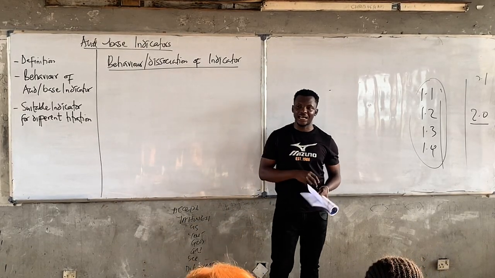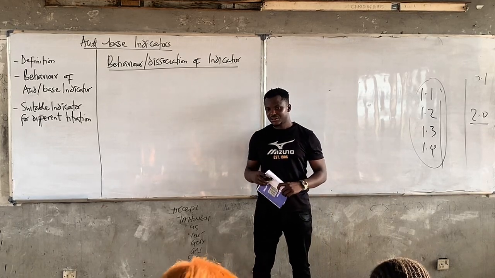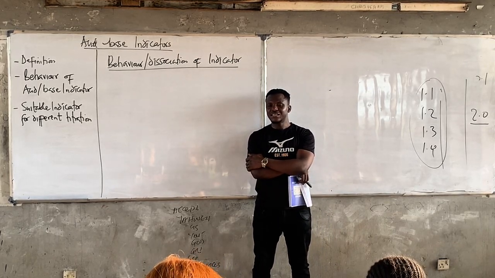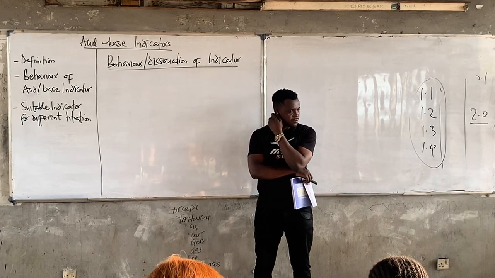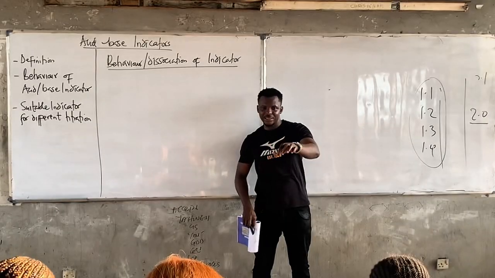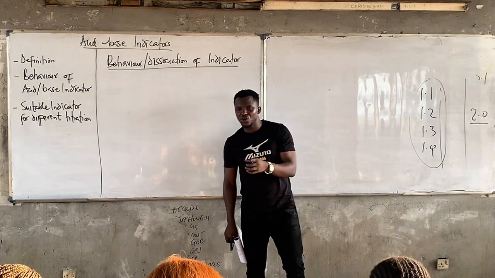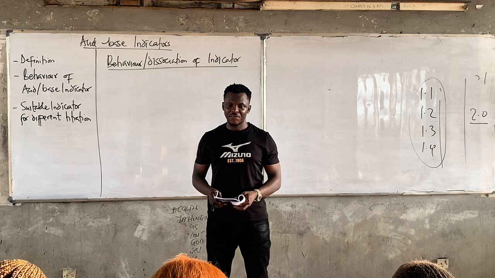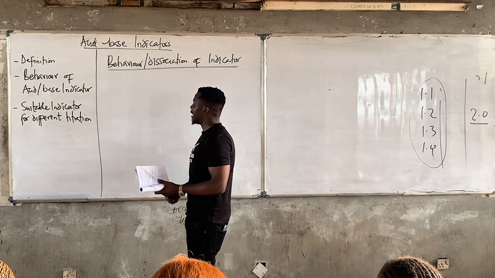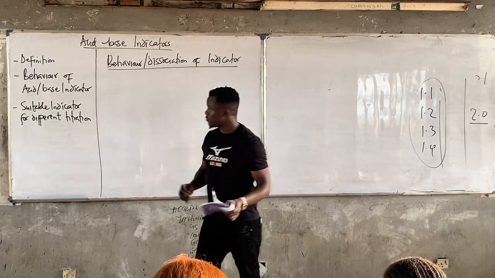Please note that these are weak organic acids or bases. They are very, very weak. They need to be weak so that they don't interfere in the reaction, because you must always add this in the reaction you're carrying out. If the concentration is not as weak as it's supposed to be, it will interfere with the reaction and of course affect your result.